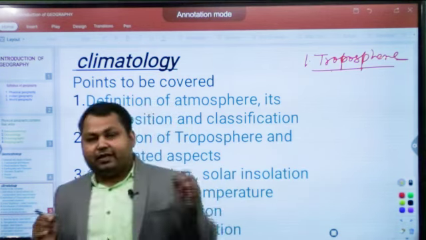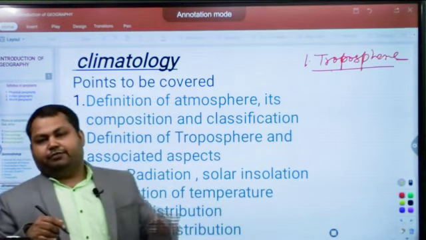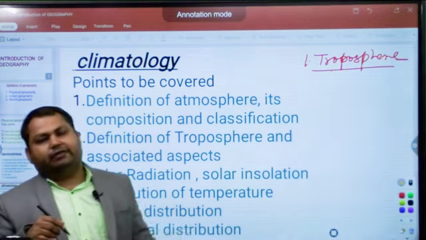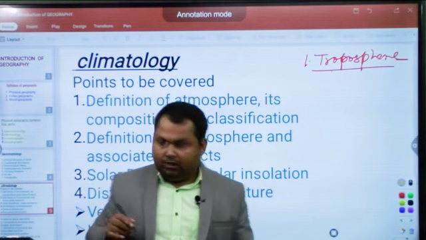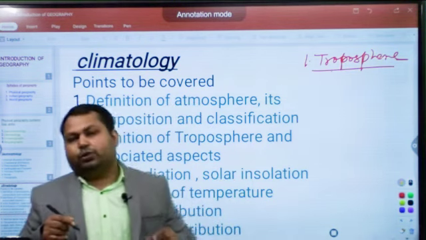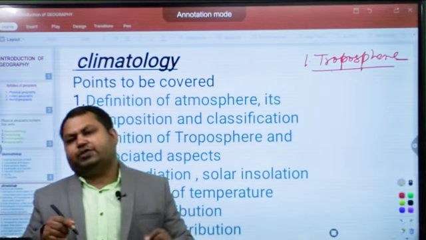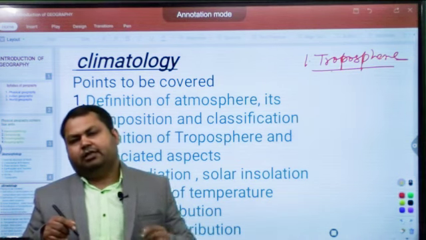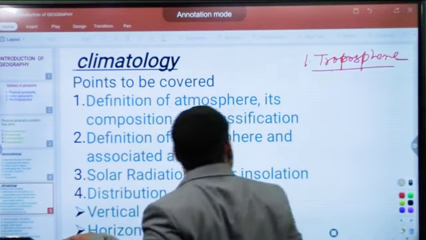It is the lowest layer of the atmosphere, extending up to 15-18 kilometer along the equator and up to 8 kilometer along the poles. And within this layer of the atmosphere, temperature decreases with increasing altitude, which is also called normal lapse rate.